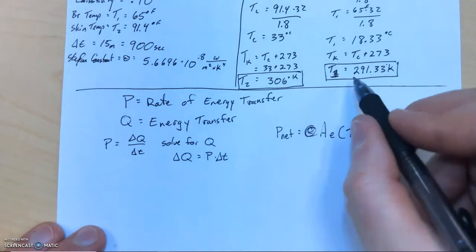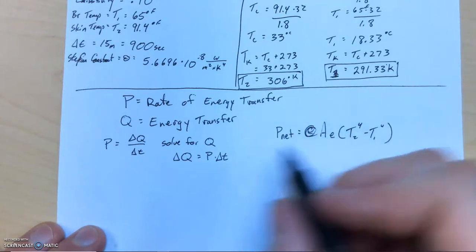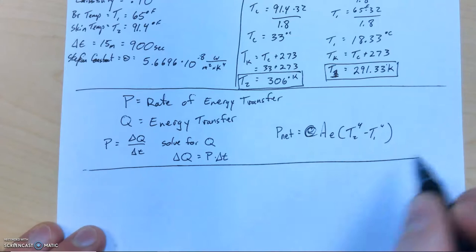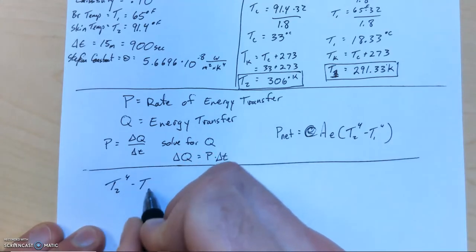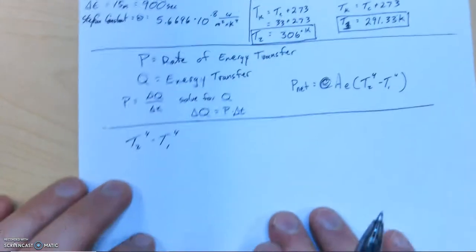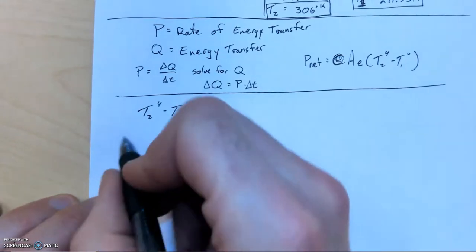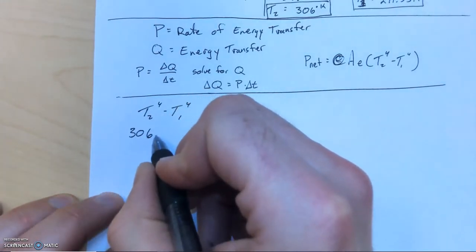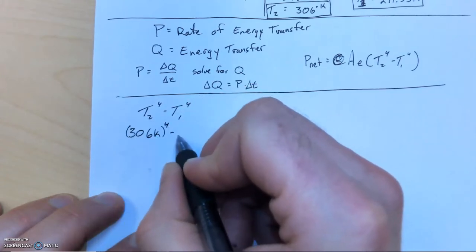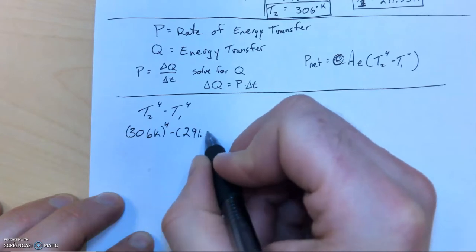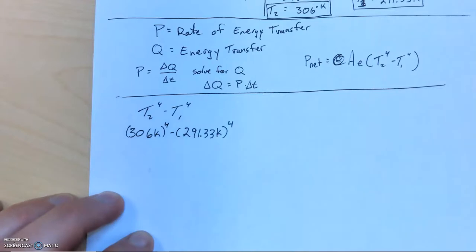So let's put in our Kelvins. Let's solve for this part first. All right, so we're going to solve for the T2 first. T2 to the fourth minus T1 to the fourth. Since we know those numbers, we can work with that first. So we have 306 Kelvin to the fourth power minus 291.33 Kelvin to the fourth power.